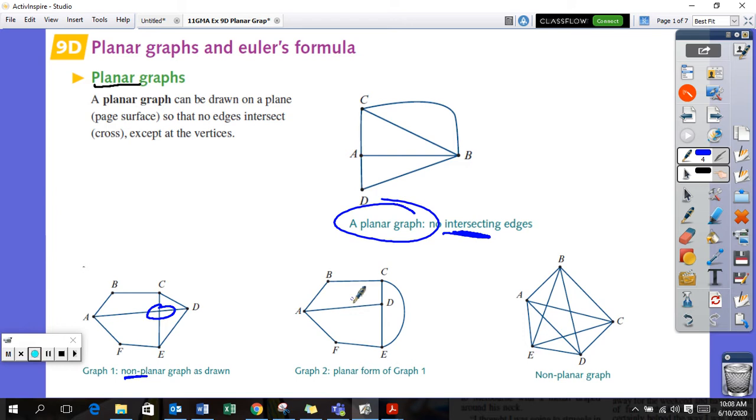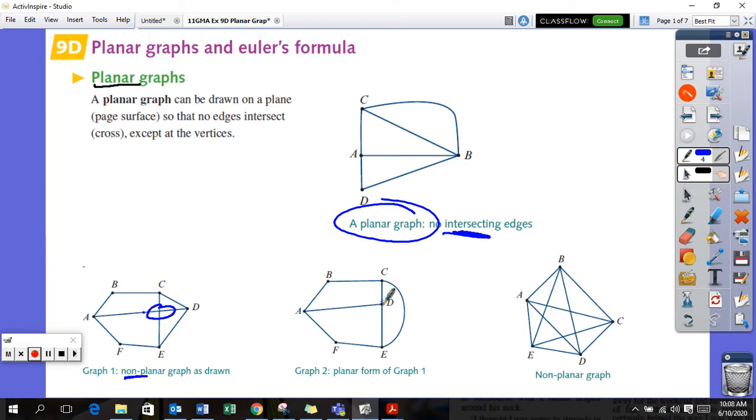But if we just change the way we draw it, instead of D being out here, we put D in here, then we can have all the exact same connections.